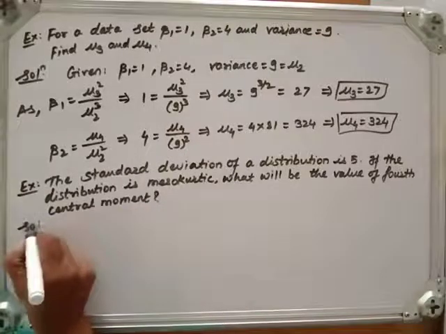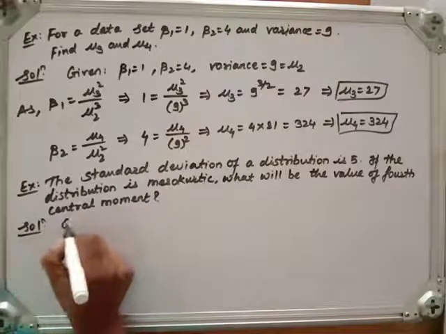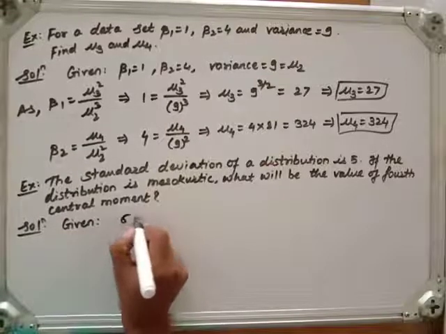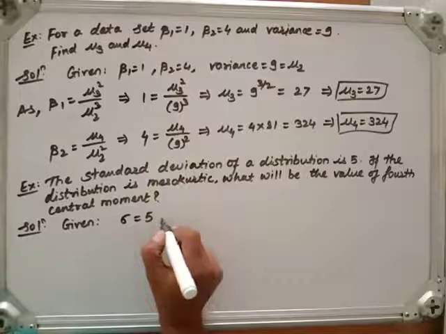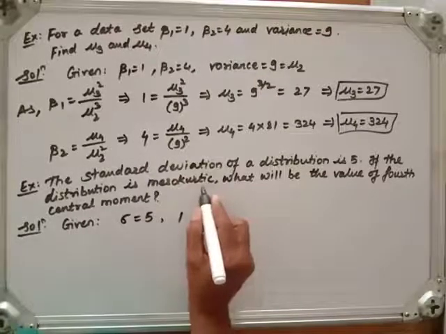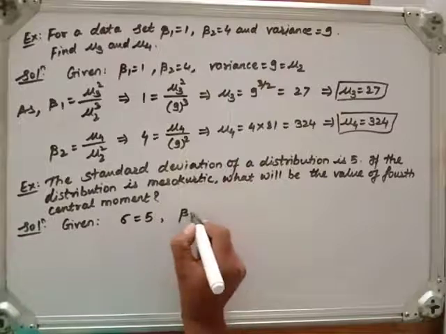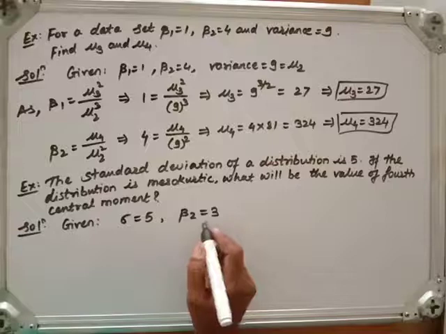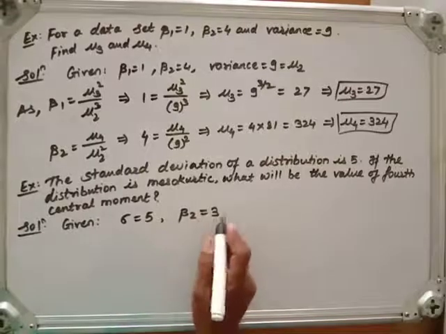So solution, given: standard deviation sigma is 5 and the distribution is mesokurtic, meaning the value of beta 2 is 3. Gamma 2 is 0 means beta 2 is 3.